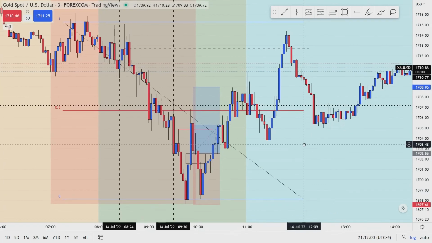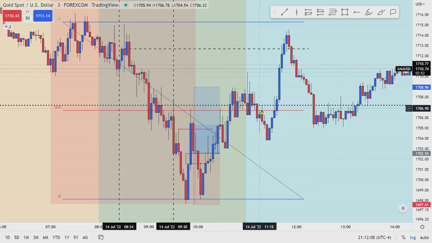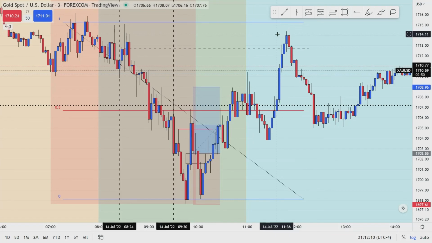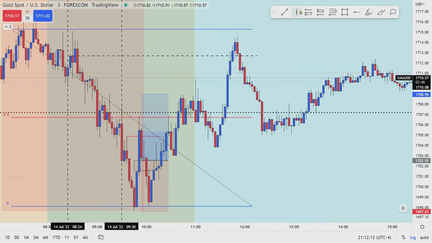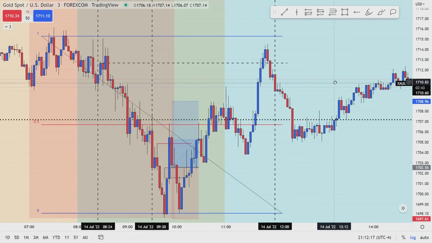So what could have been done was take partials here and let the rest run until 12. If we look at 12, we can see that right before it reached 12, it's when it started going down.